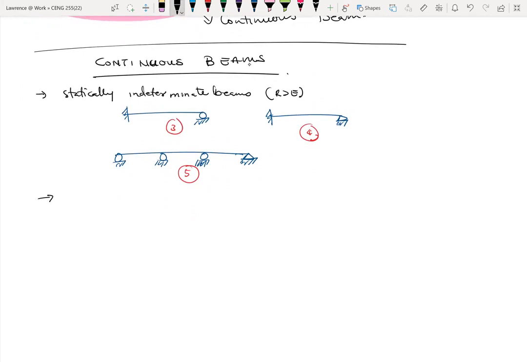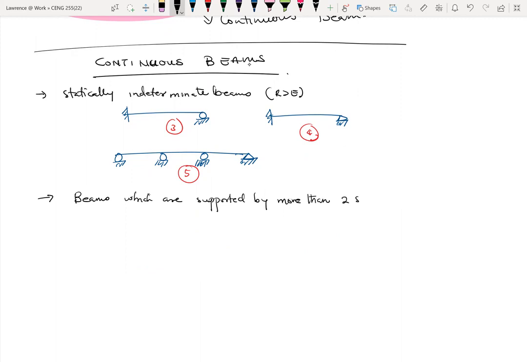These are beams which are supported by more than two supports.